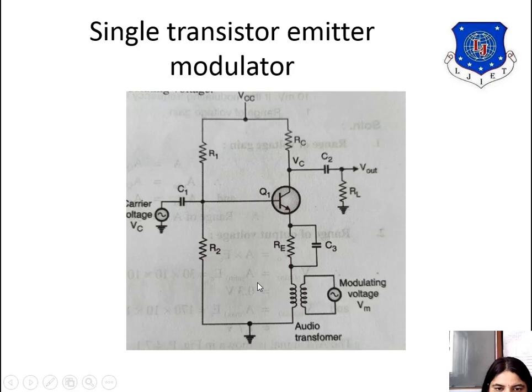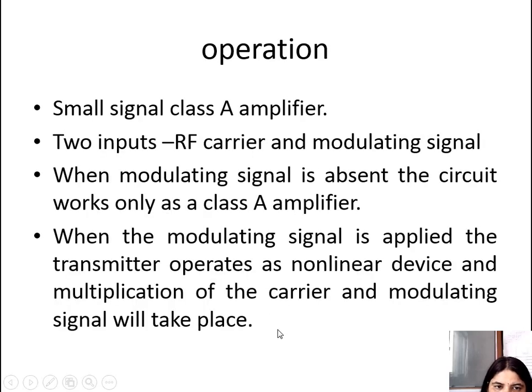Okay, so now we'll see in this small signal class A amplifier, two inputs, RF carrier and modulating signals, are there for this circuit. When the modulating signal is absent, the circuit acts as a class A amplifier.